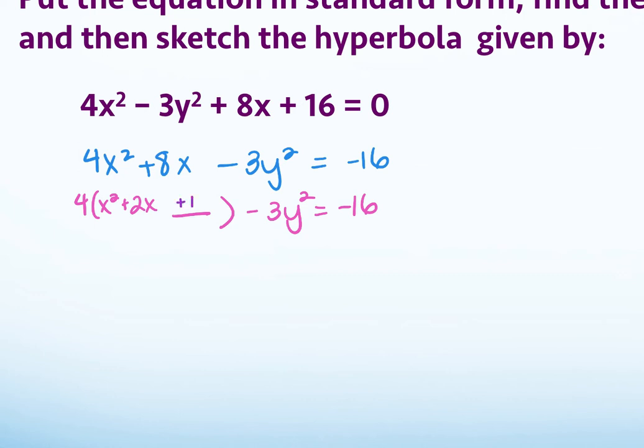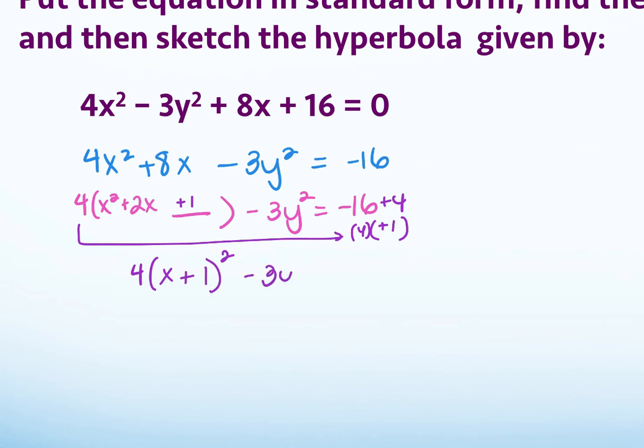Add the 1 here. Normally I'd add the 1 here, but I got to multiply by 4, so I'm adding 4. I get 4. Square root the first term, square root the last term, take the sign from the middle, put it in parentheses, and square it. Minus 3y squared equals negative 16 plus 4 is negative 12.